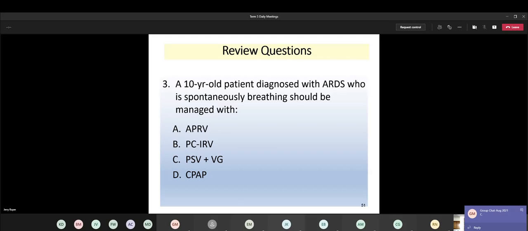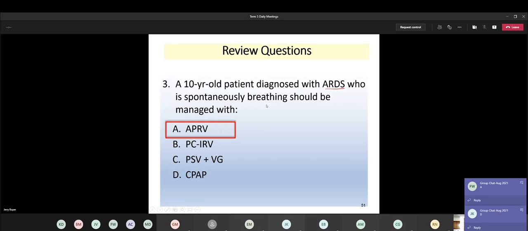Think of how sick this 10-year-old is. ARDS. Yes. So we've got to be thinking like a pressure control situation.